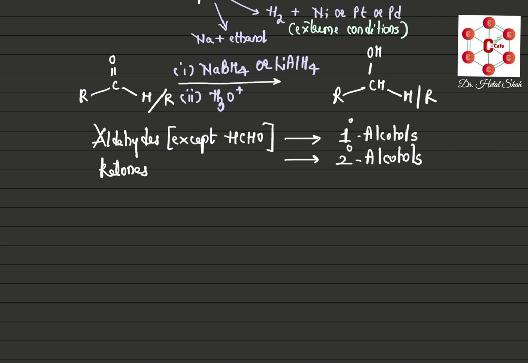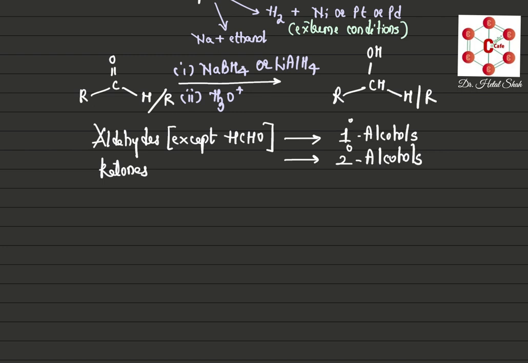Apart from aldehydes and ketones, which are reduced by both, lithium aluminium hydride is also able to reduce quite a few other groups which are not reduced by sodium borohydride.